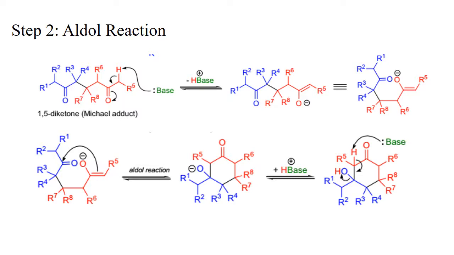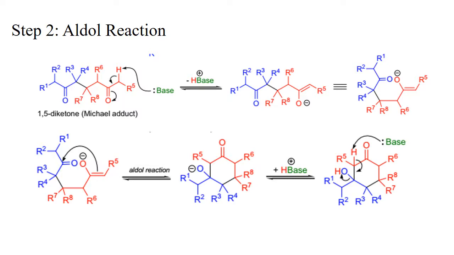This oxyanion picks up a proton from the base, releasing a base to catalyze another Aldol reaction, and the product of Aldol reaction is the hydroxy ketone. See this carbonyl carbon, this is alpha carbon, this is beta carbon. We can say this is beta hydroxy ketone.